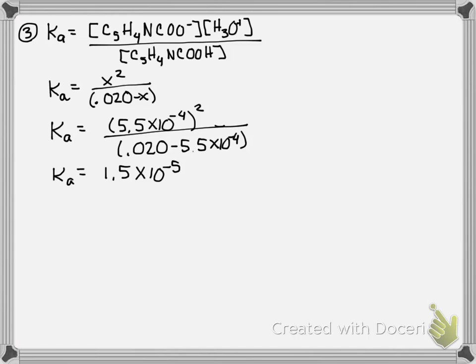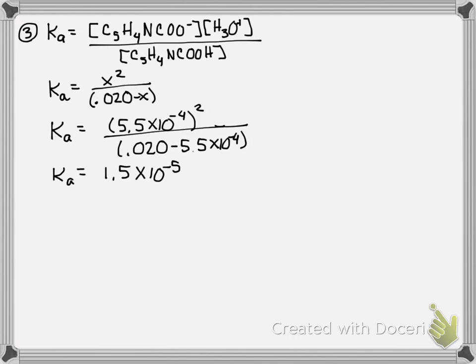So let's just recap that quickly. Ka is just like any other equilibrium constant expression, products over reactants raised to the power of their coefficients. From your RICE chart, you know that the concentration of both of those things in the numerator is just x. So that's x times x, which is x squared. The denominator is the equilibrium concentration of niacin, so 0.020 minus x.